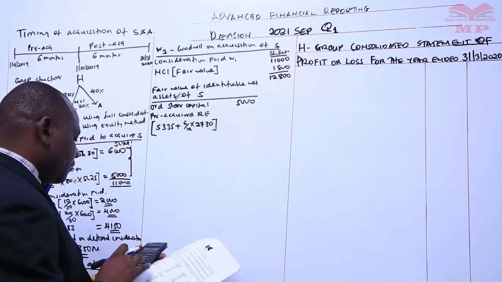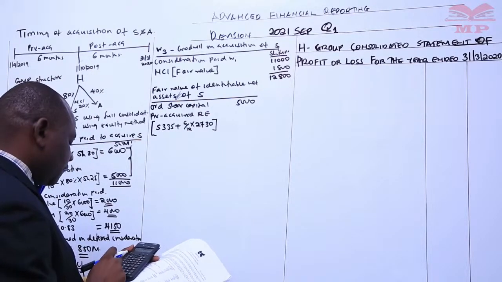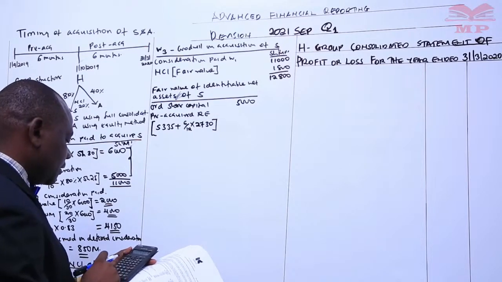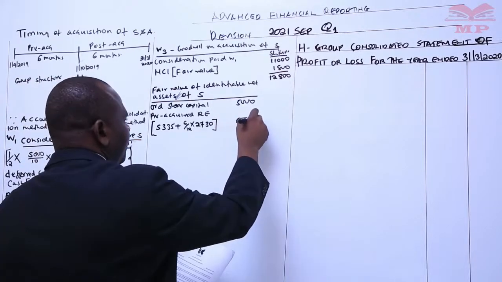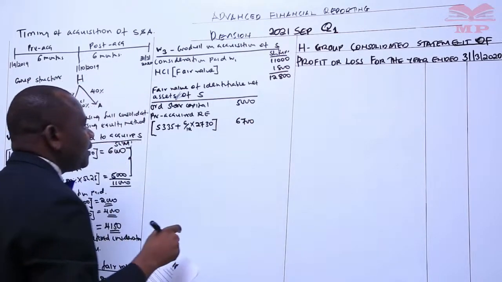So 5,335 plus 0.5 times 2,730 gives you 6,700. That gives you pre-acquired retained earnings.